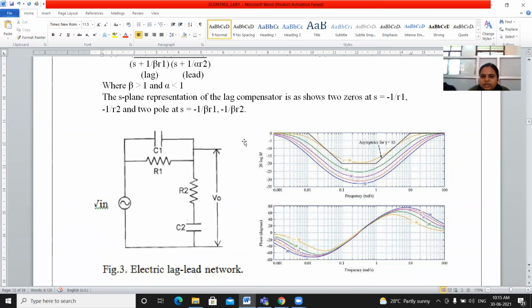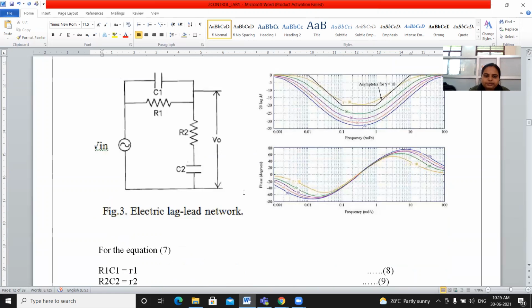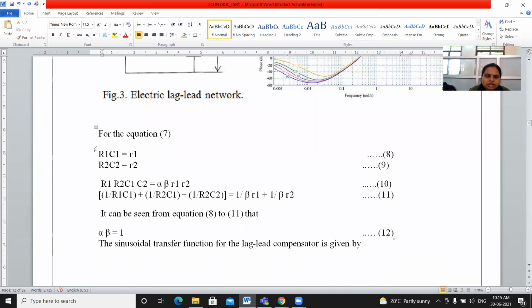And this is the gain plot and the phase of a lead lag or lag lead network. Here the equations are gamma 1 equals R1 C1, and gamma 2 equals R2 into C2.